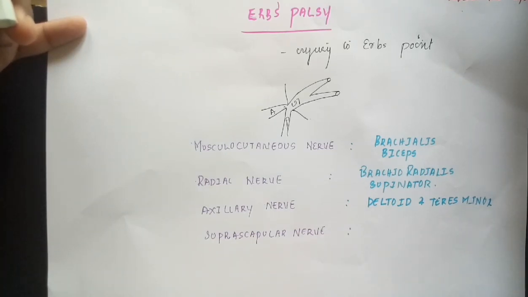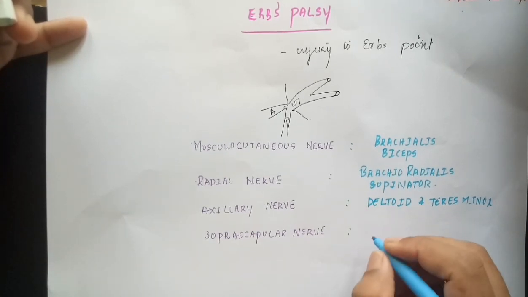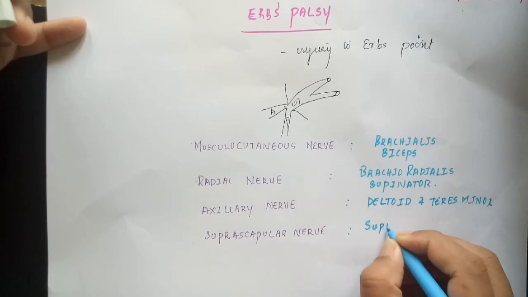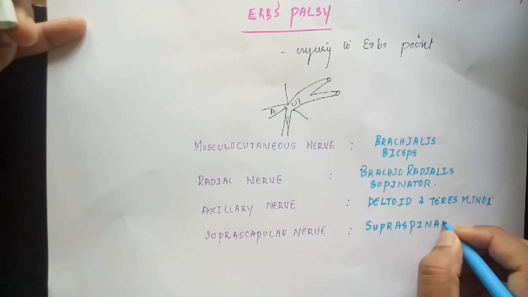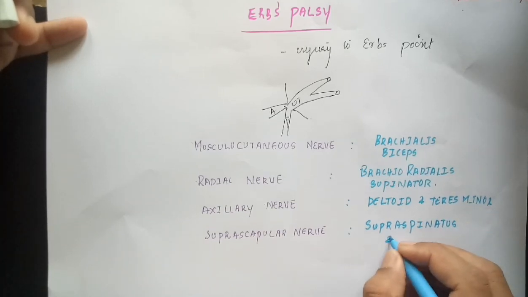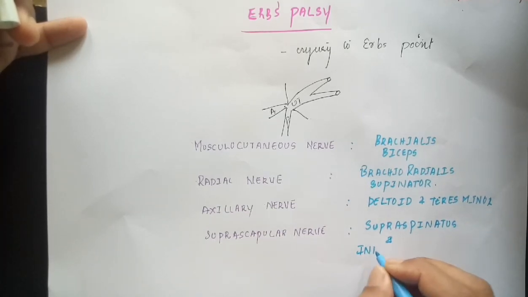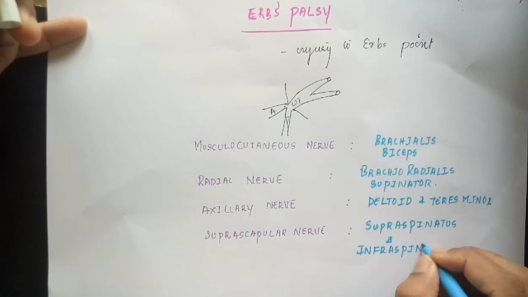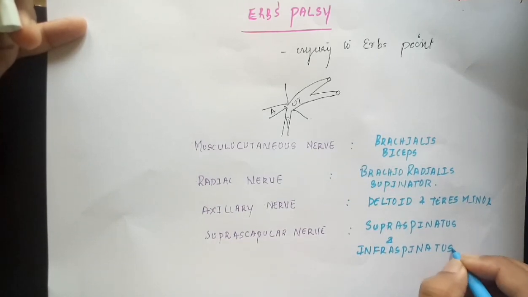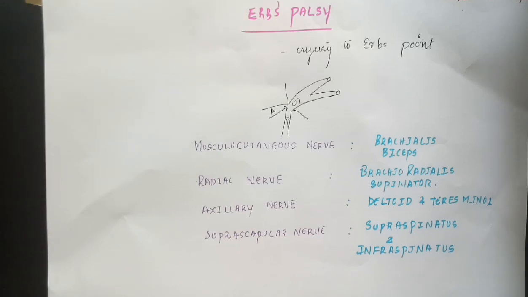As the suprascapular nerve is injured, muscles like supraspinatus and infraspinatus are affected. So these are the nerves affected, and the muscles supplied by these nerves are also paralyzed.